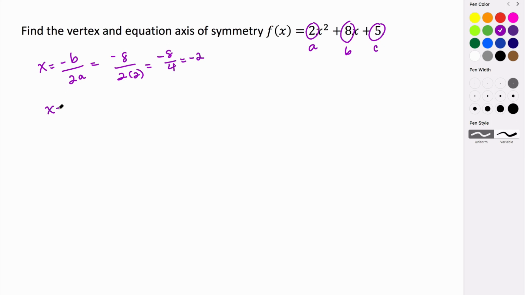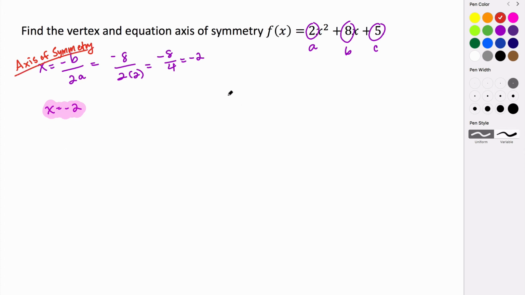So x equals negative 2. That is the equation for our axis of symmetry. It's the vertical line that goes through the x value of negative 2. Now, what is our vertex? This right here is the axis of symmetry.